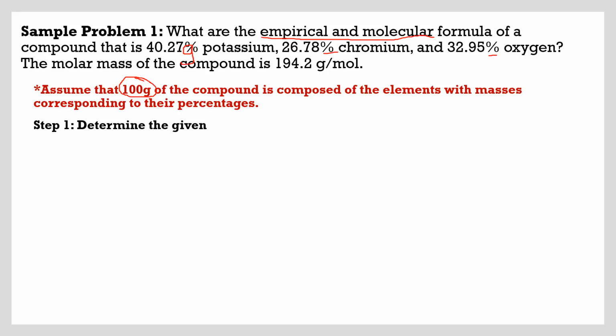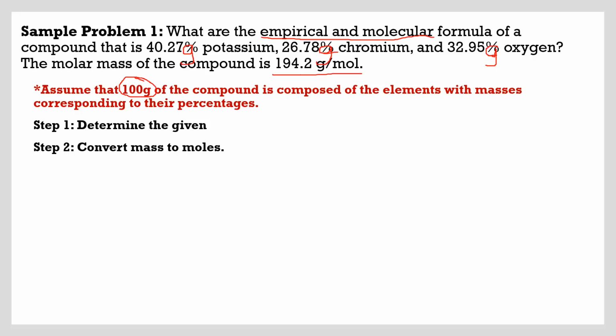This will become 26.78 grams chromium and 32.95 grams of oxygen. Those are the given, plus the 194.2 grams per mole molar mass. So if you already determined the given, the next step is to convert the mass to moles.